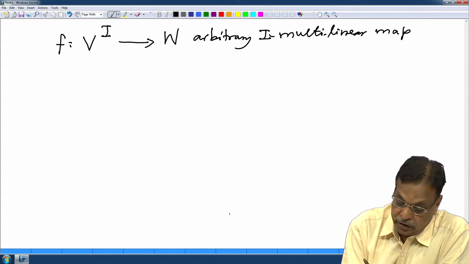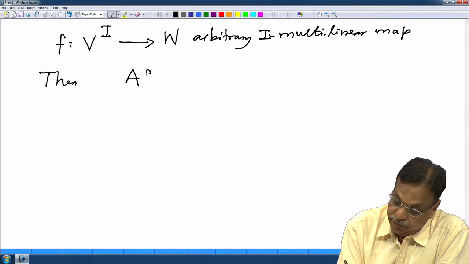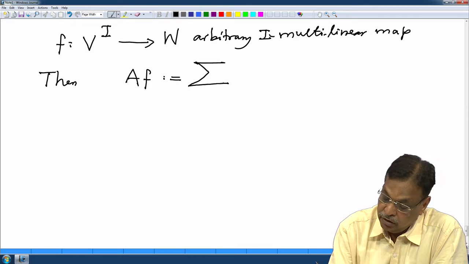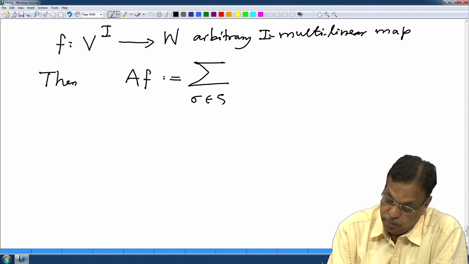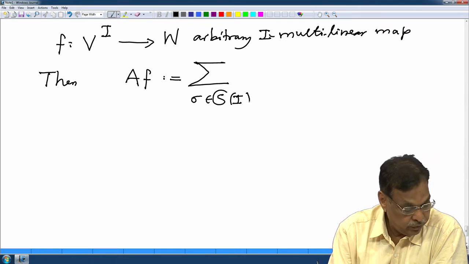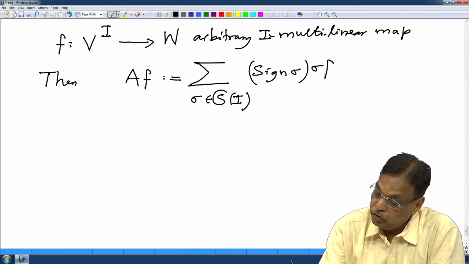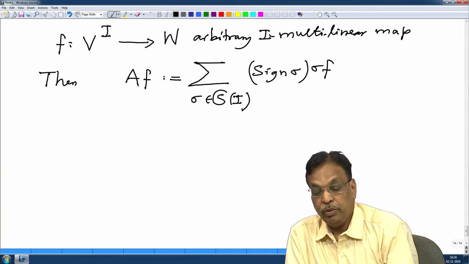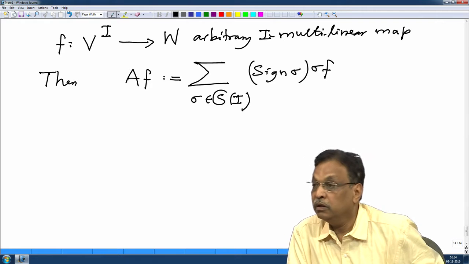So, what am I saying? If I define Af by definition as the summation, sigma running over all permutations, of sign of sigma times sigma f, I have summed it up over all permutations, multiplying sigma f by the sign of sigma.